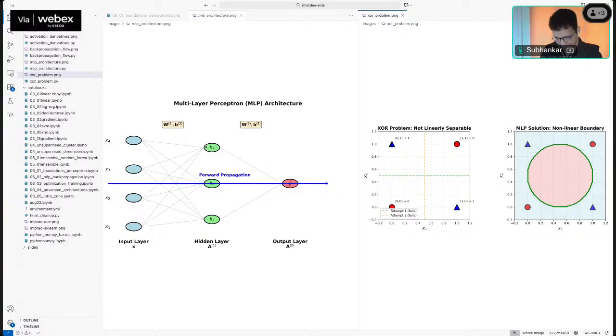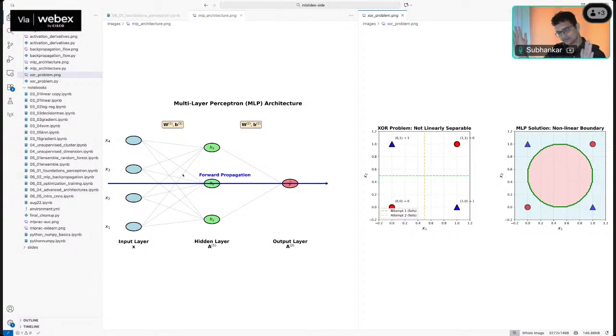All these edges are the weights. This is equivalent to the perceptron where the input is coming in, and here you can see H3 is receiving inputs from X4, X3, X2, and X1, and all these edges represent the weights. So it is W1x1, W2x2, W3x3, W4x4. These are the weights of the first layer.